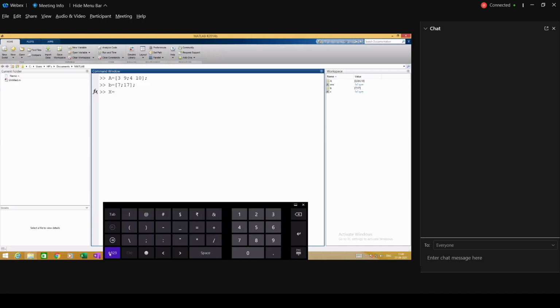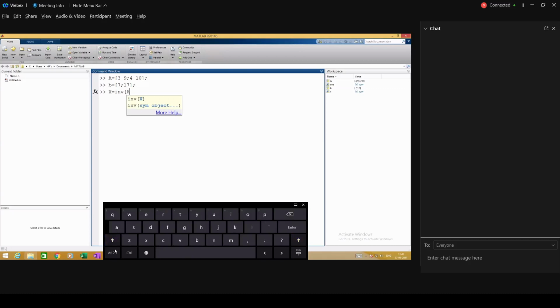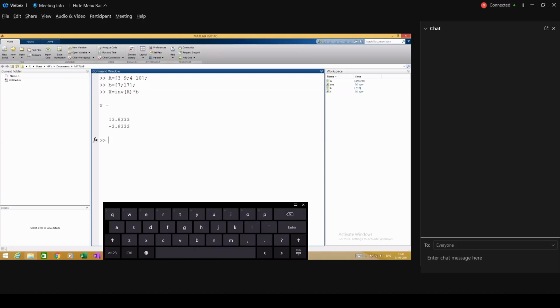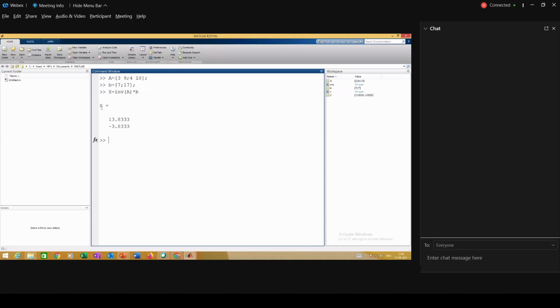For the answer I got in X, 13.83 and the second element is minus 3.83.